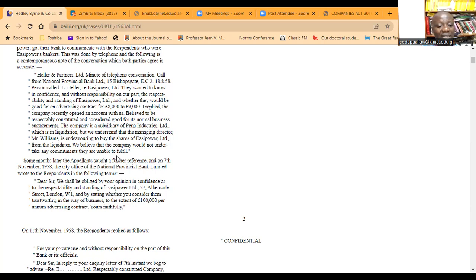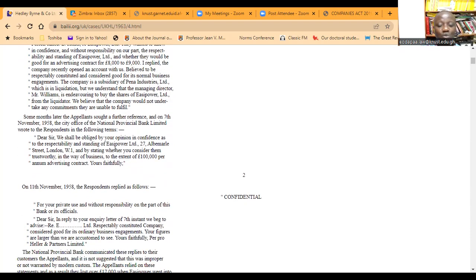On 11th November 1958, the respondent replied as follows, quote, for your private use and without responsibility on the part of this bank or its officials, dear sir, in reply to your inquiry letter of 7th instant, we beg to advise AC Power Limited, respectably considered company, considered good for its ordinary business engagement. Your figures are larger than we are accustomed to see. Yours faithfully. So this was the letter.